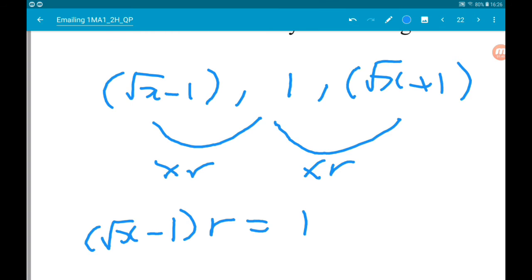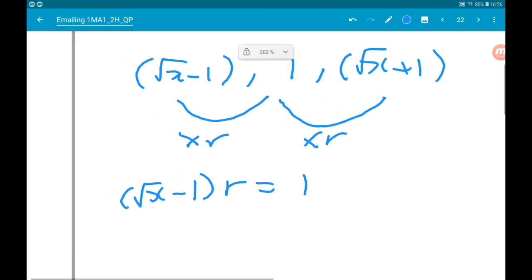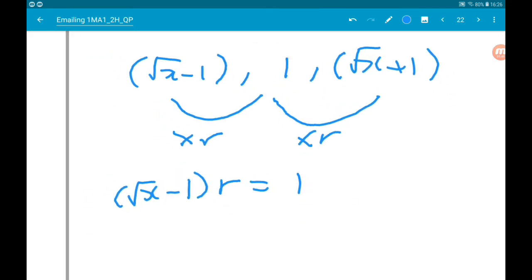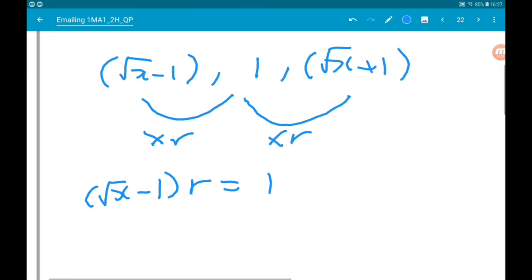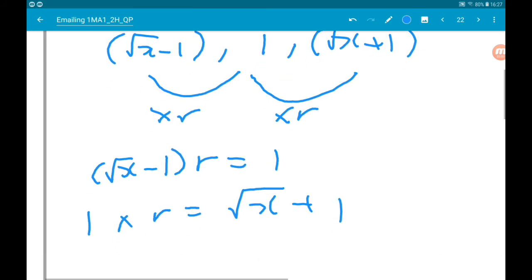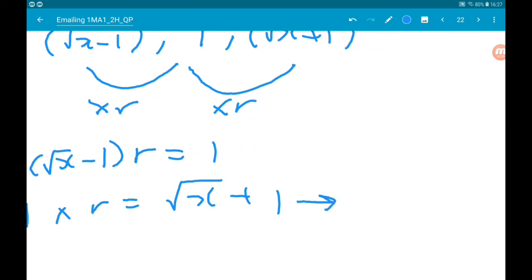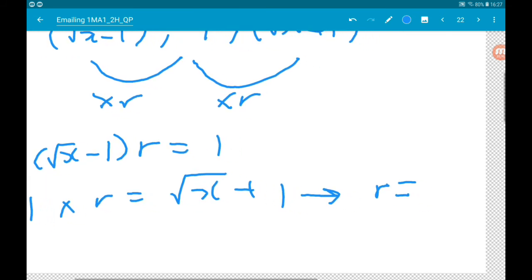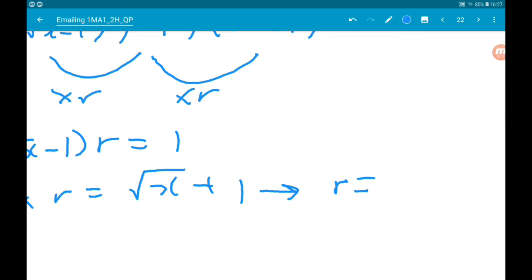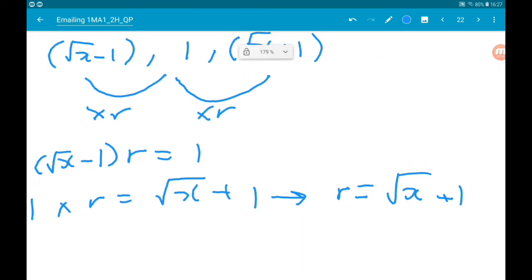Which isn't much use. We can also then though say that 1 times R is root x add 1. Now then that means that R is root x add 1, because we had 1 times R.